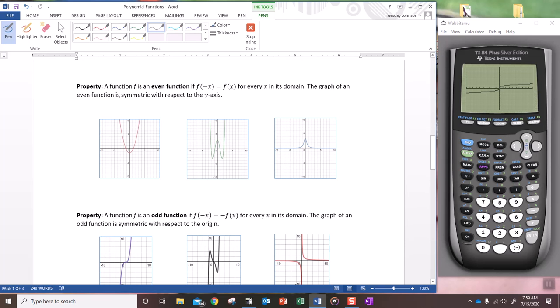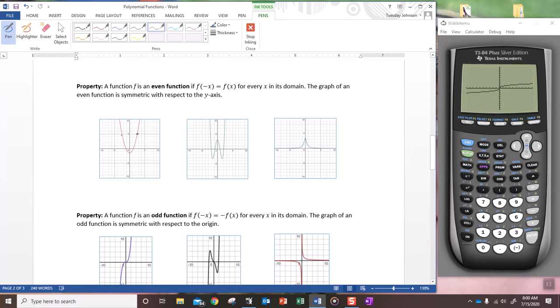Now, we classify functions in many different ways, and the reason we do this is to categorize them, see if there are any rules that go with all functions of a specific type. A function f is even if the input of -x has the same output as positive x. Find a point on the graph where x is about 2.5.